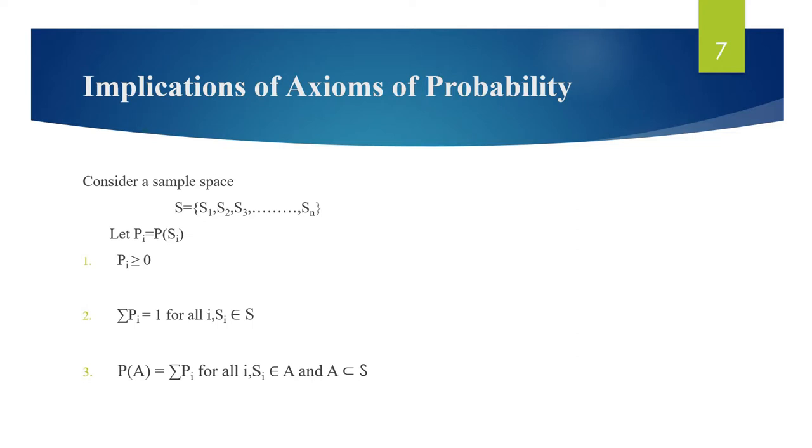The next implication is that the summation of Pi is equal to 1, for all i, Si belongs to sample space S. The third implication is that the probability of any event A will be equal to the summation of Pi for all i, Si belongs to the event A, and the event A is a subset of the sample space S.